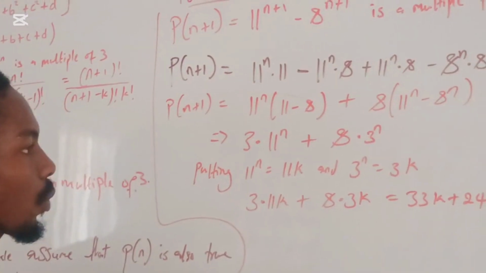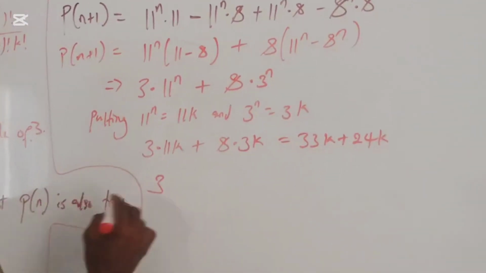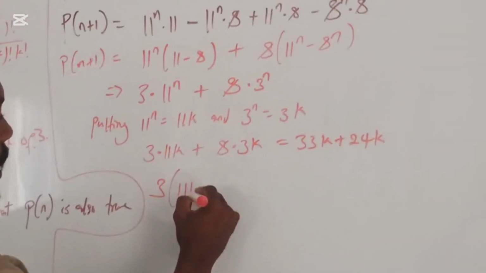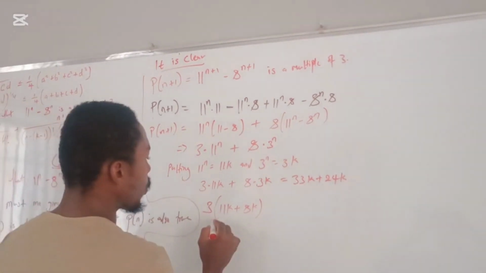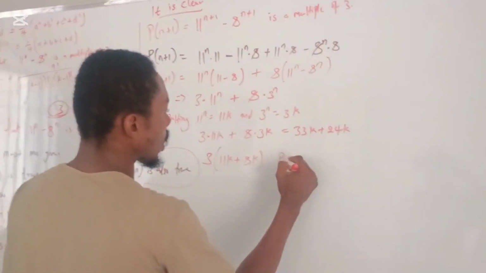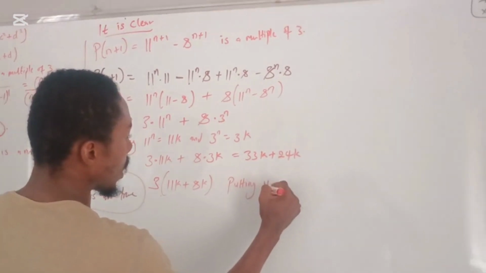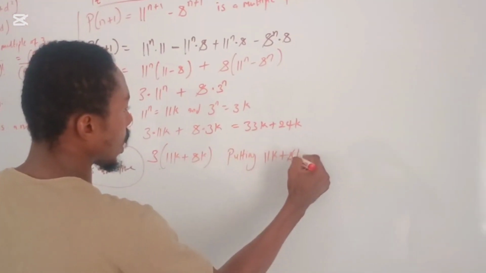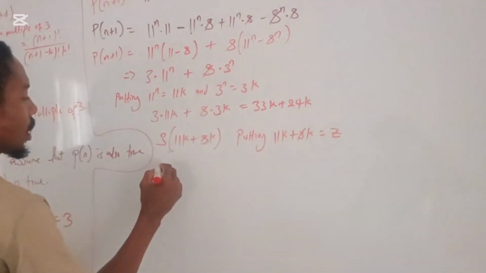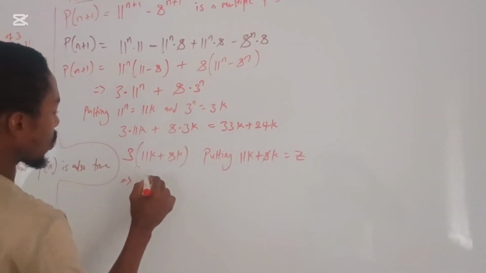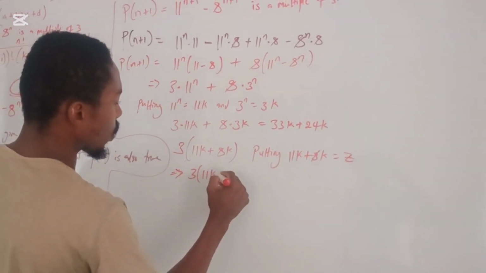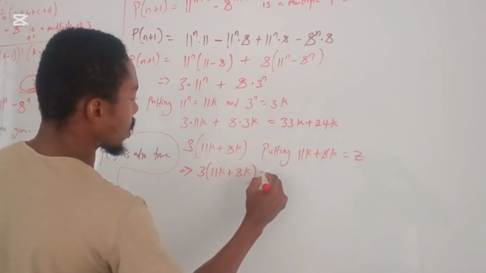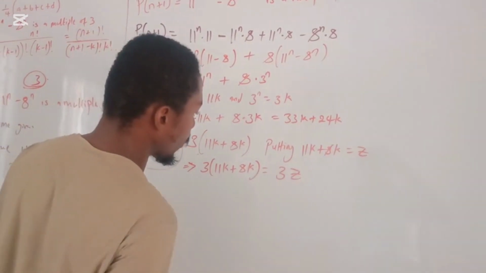Now, we'll factor 3 out to have 3 times (11k plus 8k). Putting 11k plus 8k to be equal to z, this implies that 3 into (11k plus 8k) is equal to 3z.